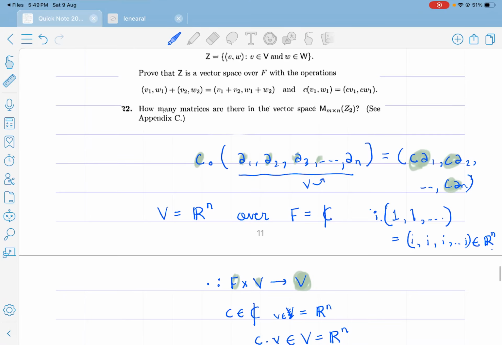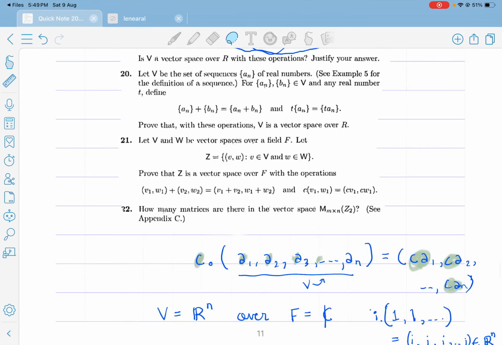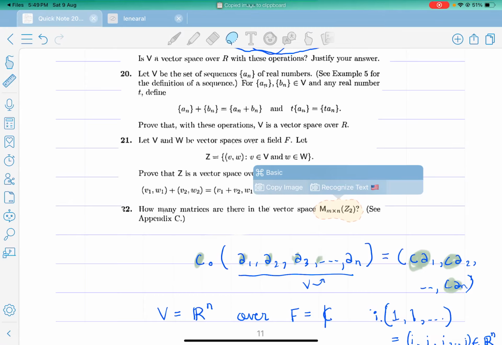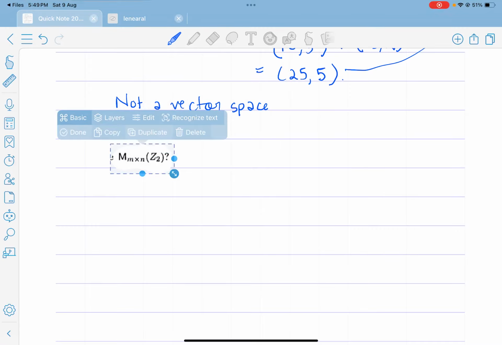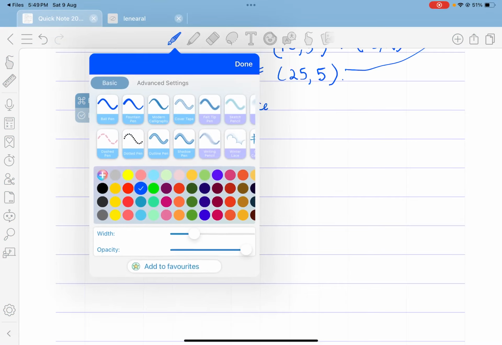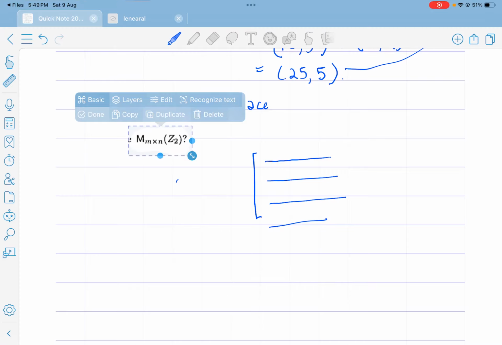How can you do 22? 22 is this one. Let's copy this one. First, can you recall the definition of M cross N? This is M rows and N columns.